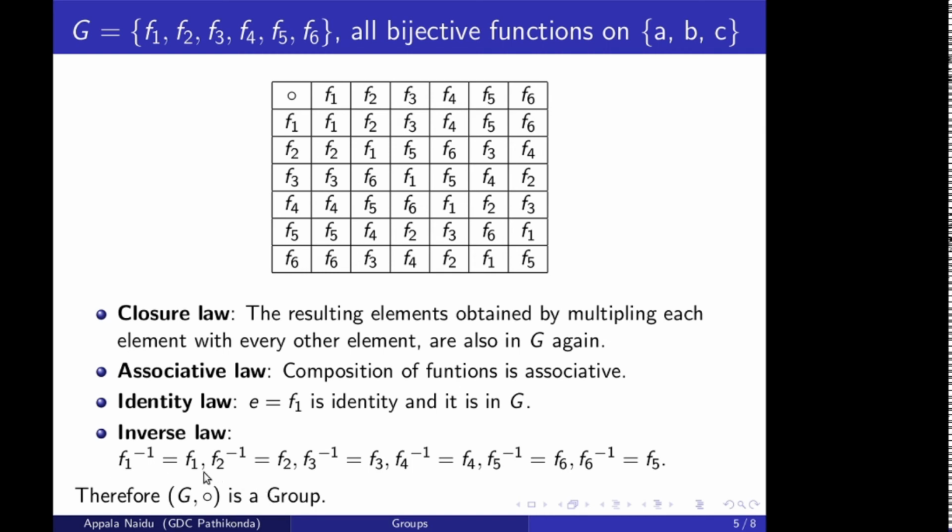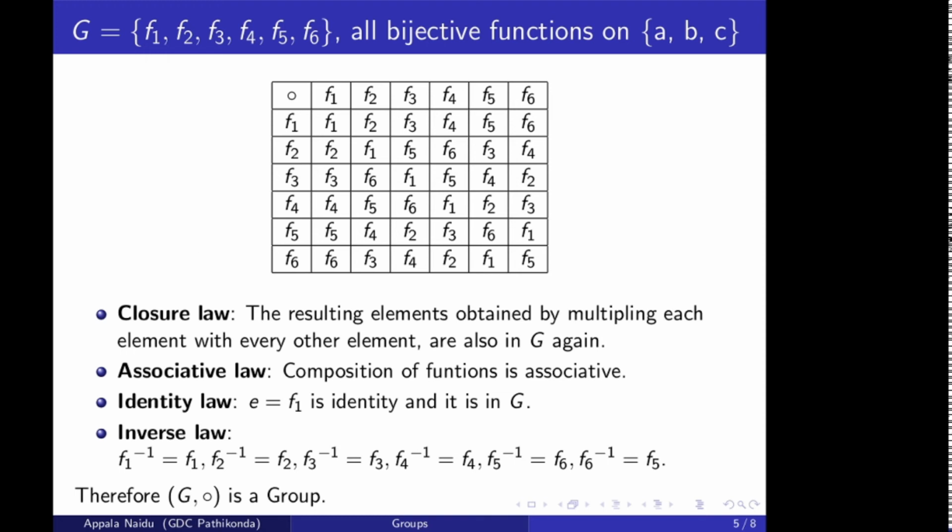So these inverse elements: inverse of F1 is F1, inverse of F2 is F2, inverse of F3 is F3, inverse of F4 is F4, inverse of F5 is F6, inverse of F6 is F5. All inverse elements are again in G, hence G satisfies inverse law. Therefore the set of all bijective functions on set A, B, C forms a group with composition of functions.